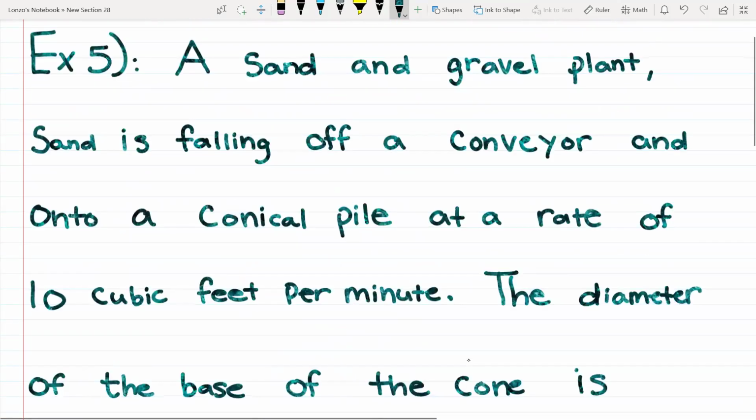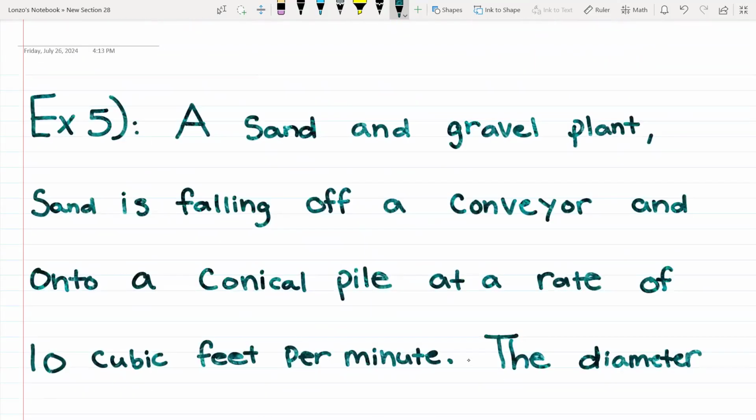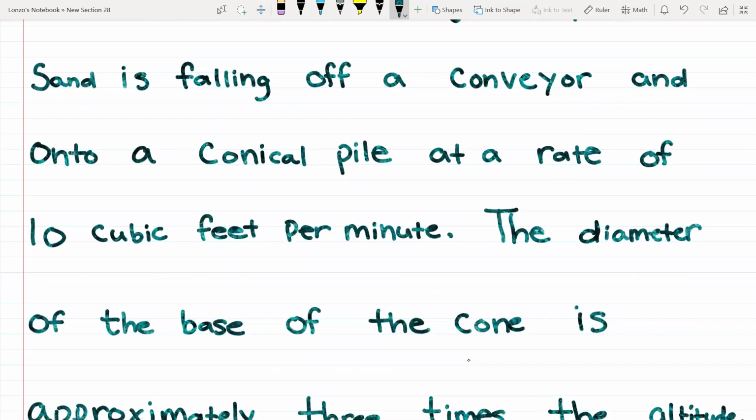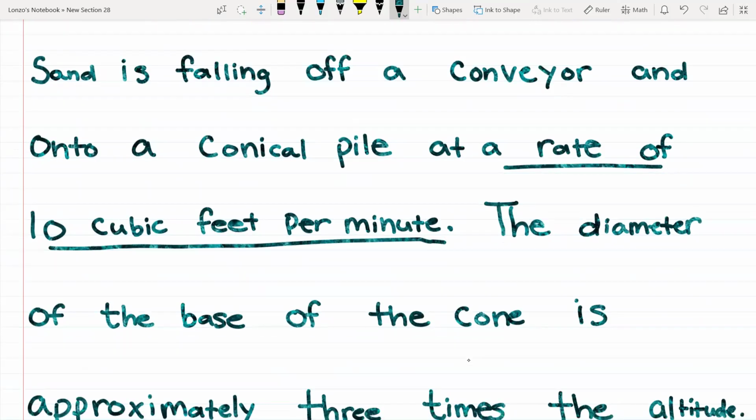So the sand is falling on a conveyor into a conical pile at a rate of 10 cubic feet per minute. That is a rate, and notice it says cubic, so we're dealing with volume.